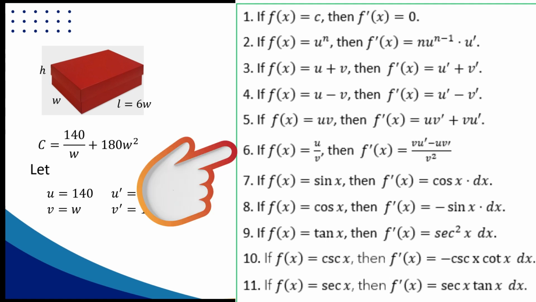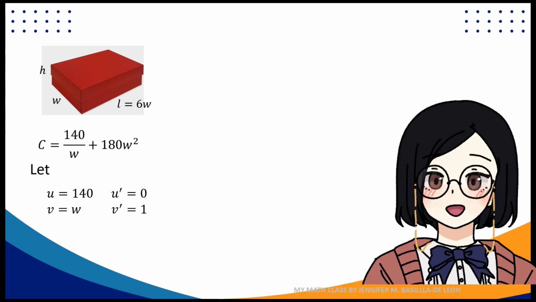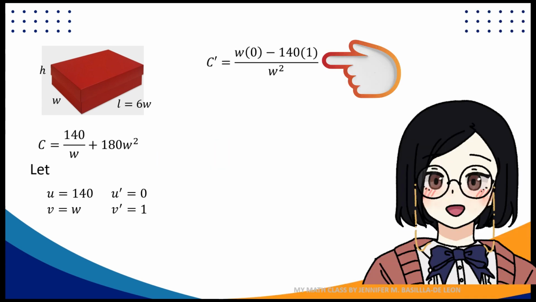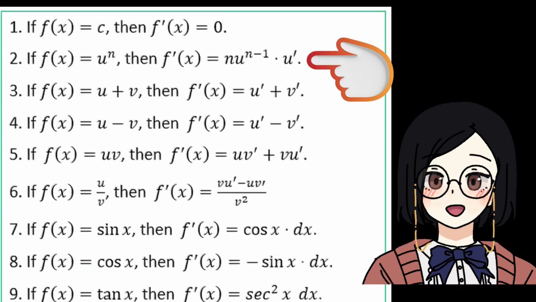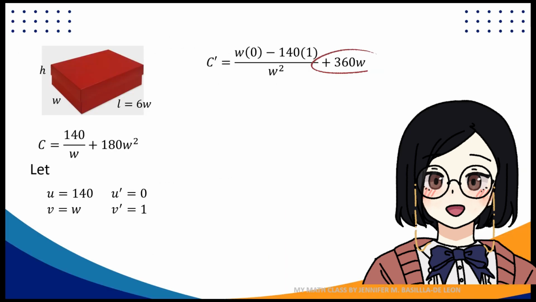Then applying the quotient rule for differentiation, f prime of x equals v u prime minus u v prime all over v squared, when f of x is equal to u over v, we get W times 0 minus 140 times 1 all over W squared. For the second term, we apply the differentiation rule f prime of x equals n u raised to n minus 1 times u prime when f of x equals u raised to n, which will give us 360W.